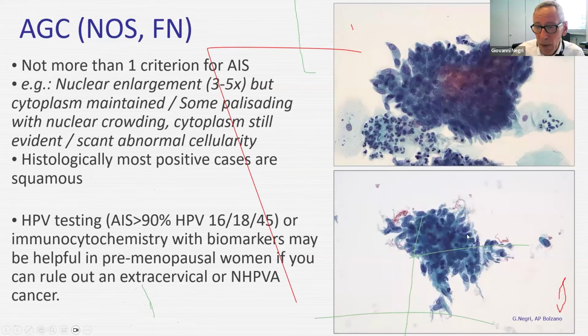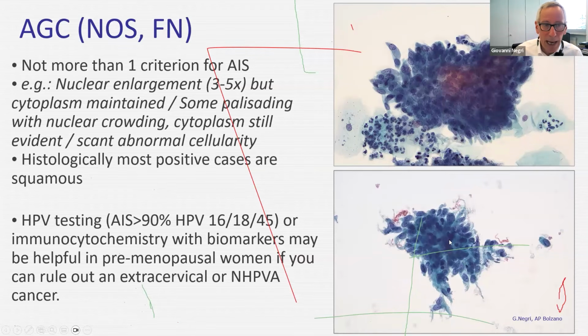Or here, for example, you see a group of cells with evident atypicality. In that case, the nuclei are enlarged. You have a relative lack of cytoplasm, so quite a nuclear crowding, but it's maybe again only one group in all your sample.